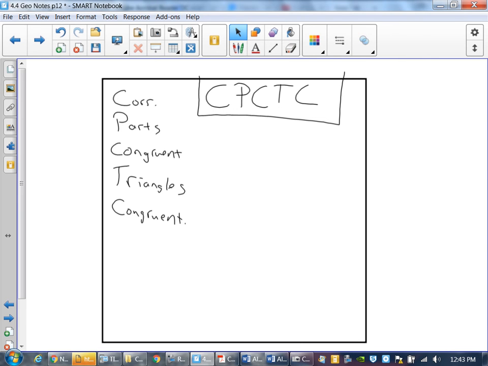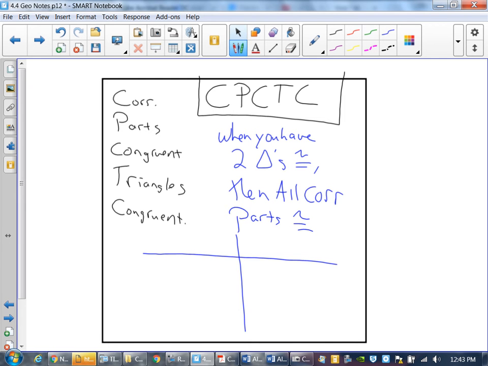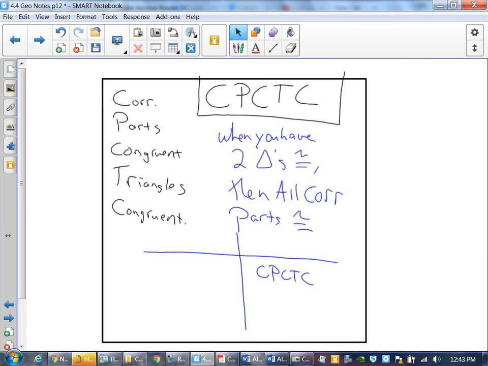It's for when you have two triangles congruent, then all corresponding parts are congruent. So what we'll be able to do in a proof is use this as a reason.